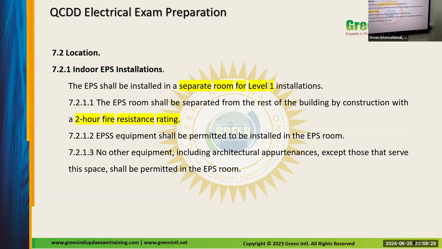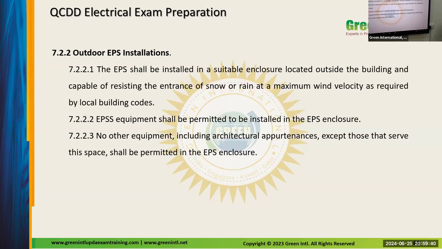So a room means it is surrounded by walls. The wall must be fire rated. Sometimes we have outdoor substations also, that is EPS rooms also. So level 1 means by default we prefer only indoor.